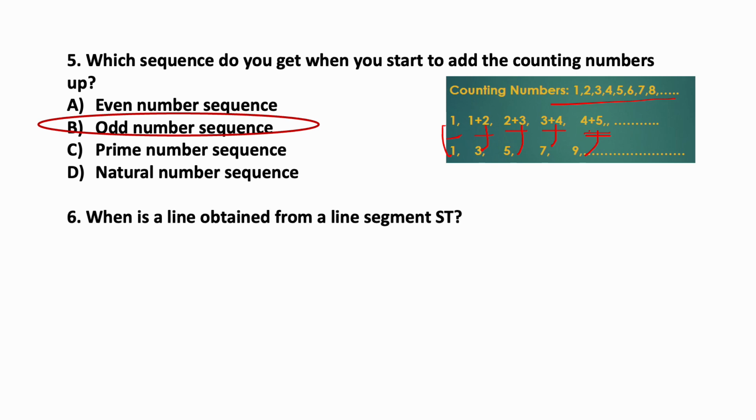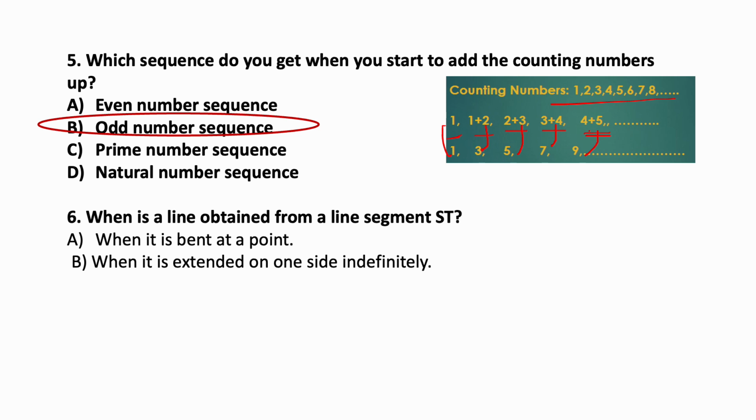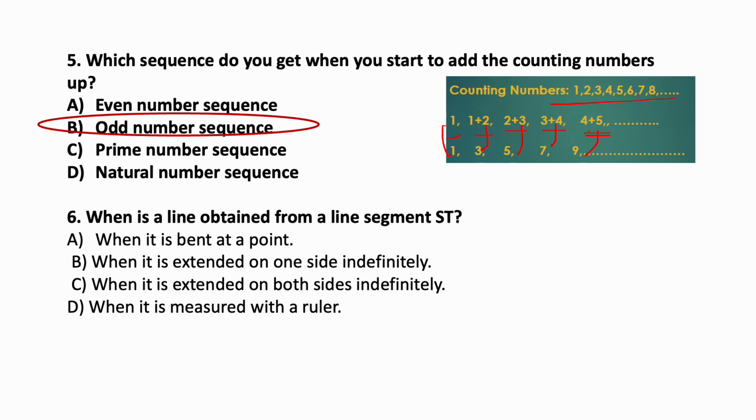Next one. When is a line obtained from a line segment ST? When it is bent at a point, when it is extended on one side indefinitely, when it is extended on both sides indefinitely, when it is measured with a ruler.